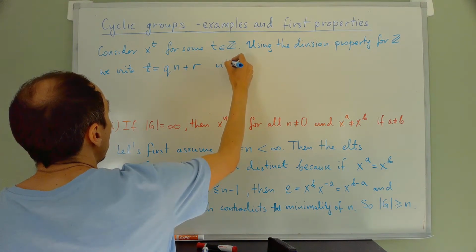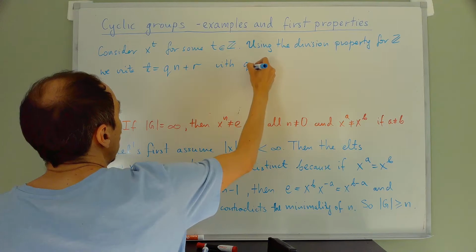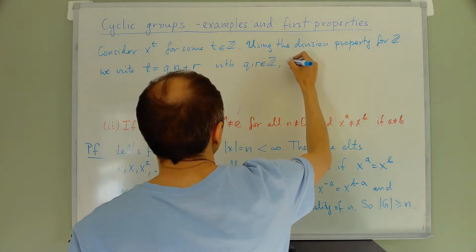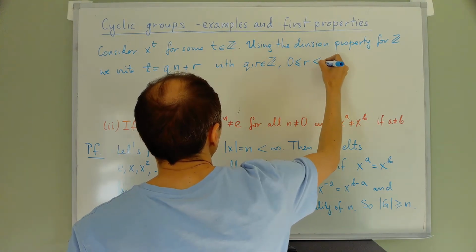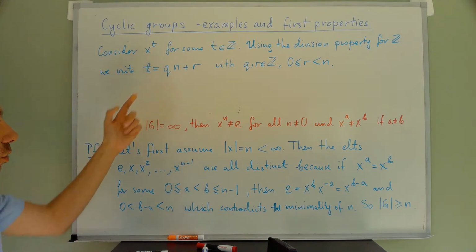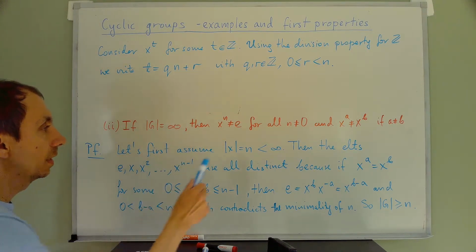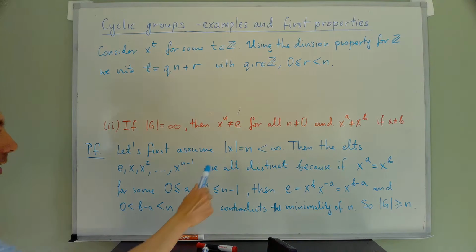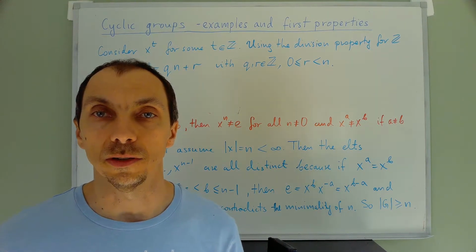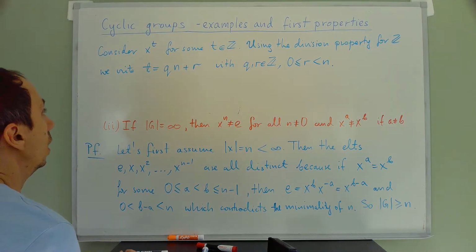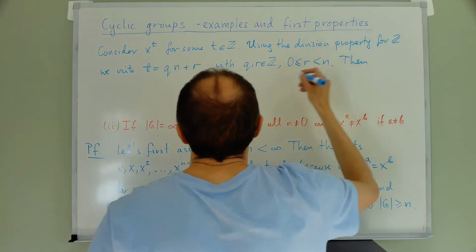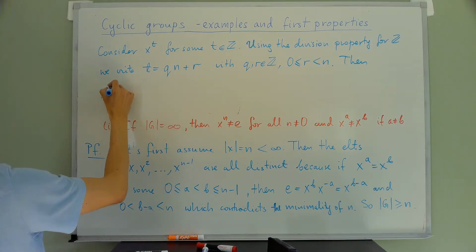with q and r being integers, but r strictly between 0 and n. Note that n is not 0, of course. Assuming that n is the order of x, the order cannot be 0. The order is the smallest positive number. Well then, let's look at this x to the t.